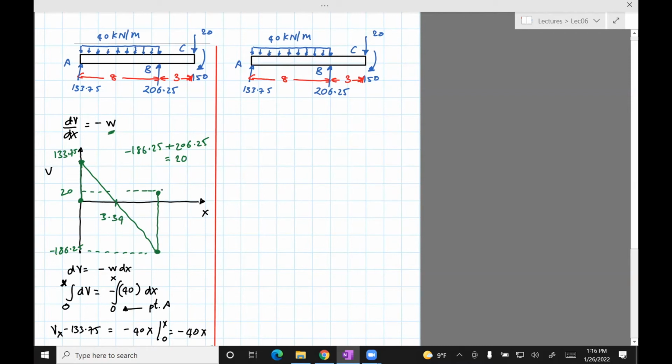So we would have a constant shear force of 20, whatever it was at B. But then at C, the shear force goes down because there's a force from upward to the downward direction, and that's going to make it go back to 0. This is going to be 20, which we have there, minus 20 from force at C. And so we end up at 0. So we start at 0, end at 0, as you would expect it.